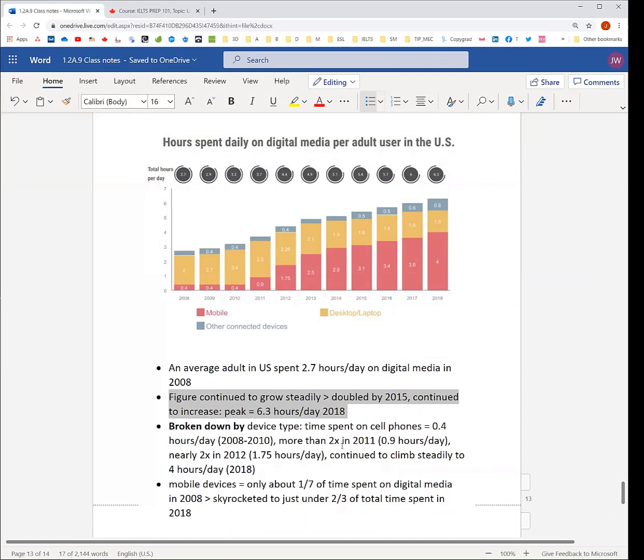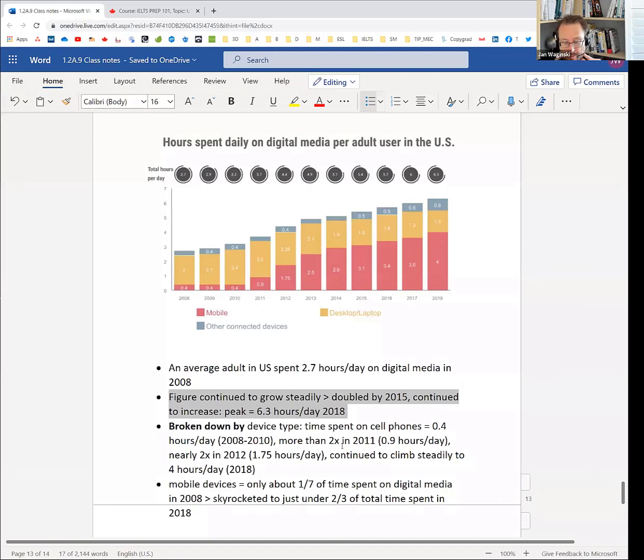So the figure continued to grow, and it got doubled in 2015, and the trend continued, and it peaked in 2018 at the rate of 6.3 hours per day. Very good, but it's not a rate.